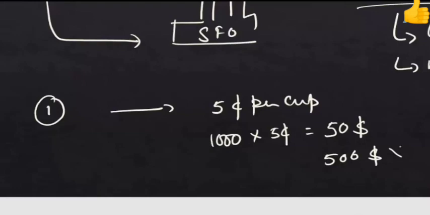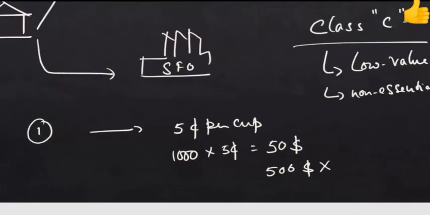Multiply it by, let's say you want to keep stock for 15 days. 15, that becomes $7,500, right? So every 15 days or 2 weeks, you need to order $7,500 worth of coffee cups.